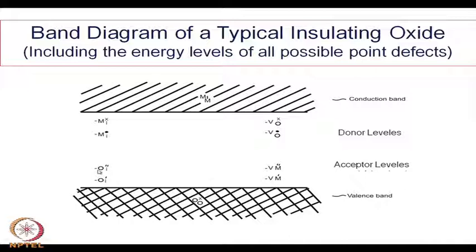Now, these are the two, in each case there are pairs, Mi x, Mi dot, Vo x, Vo dot. Here it is Vm single prime as well as double prime.